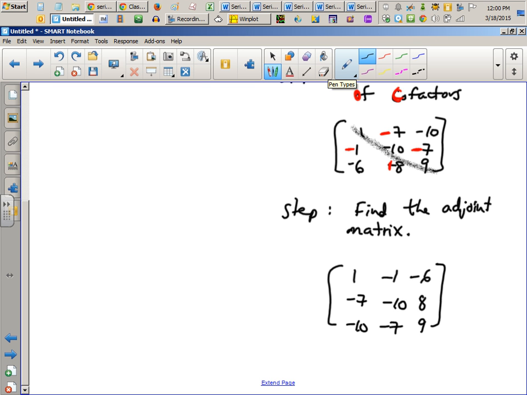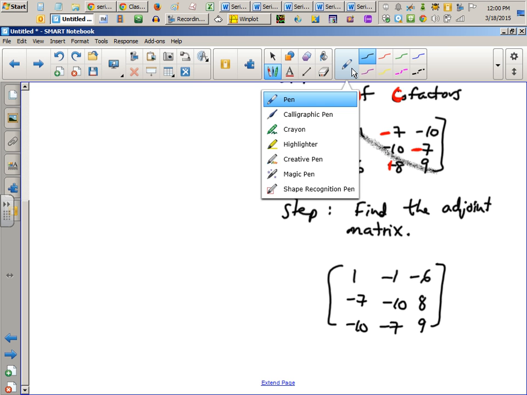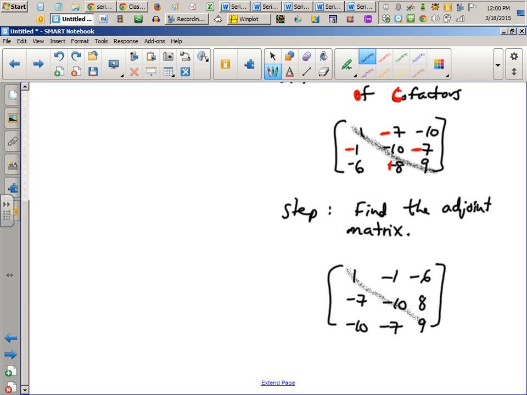Sorry about that. Can you see what I did? I will say that I did not touch the major diagonal. That thing has stayed the same.